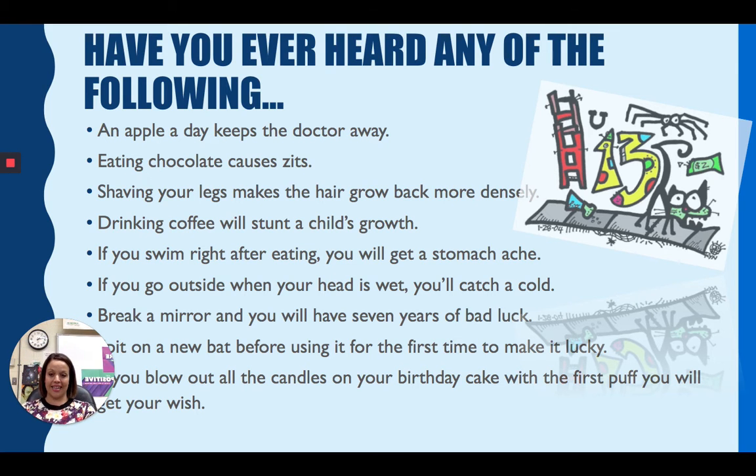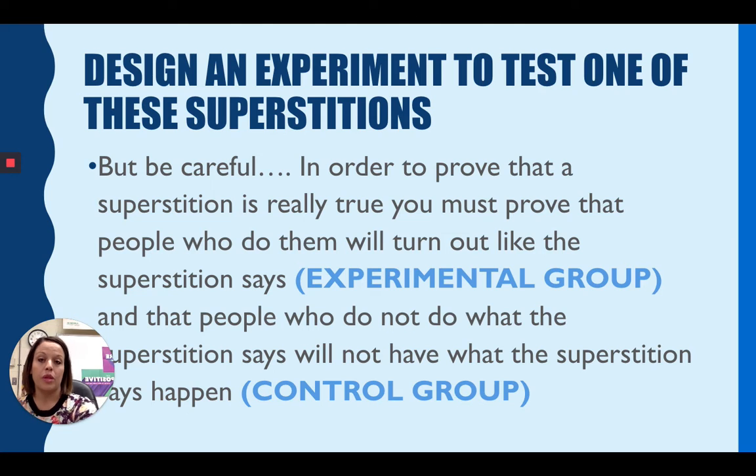And as scientists, we could design an experiment to see if these superstitions are true, okay? So here's how we could test a superstition. We could do this superstition and see if we get bad luck.